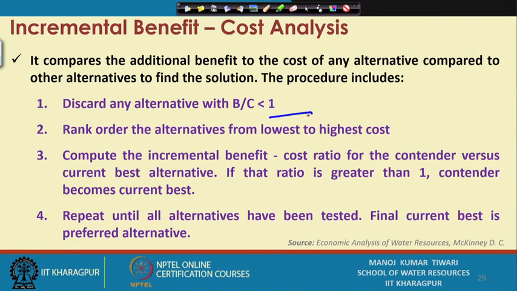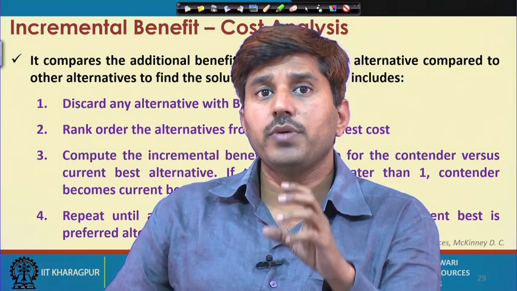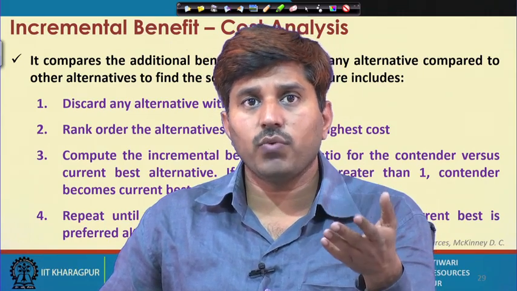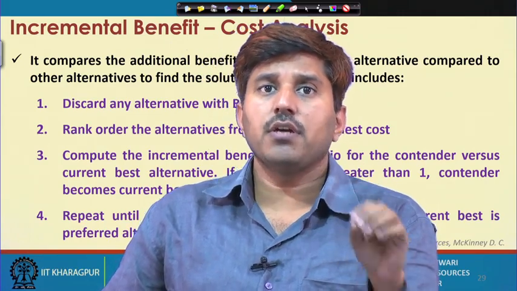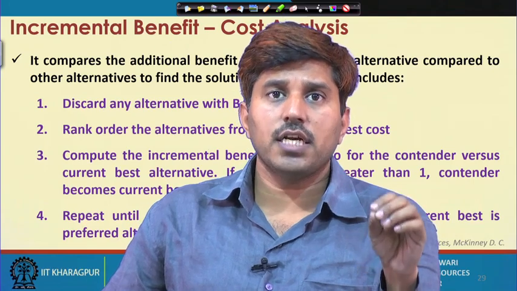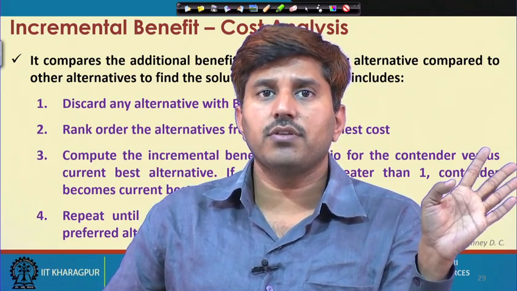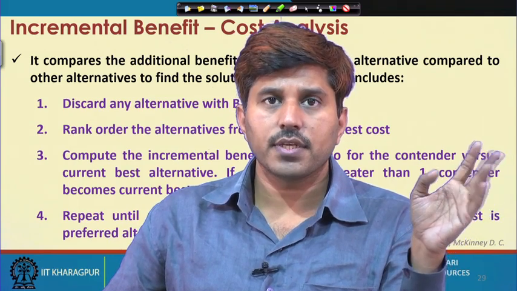If an alternative shows a benefit to cost ratio less than 1, that means the net costs are going to be higher than the expected benefits, and that is why that option or that project or alternative should be discarded right away, and not considered at all.